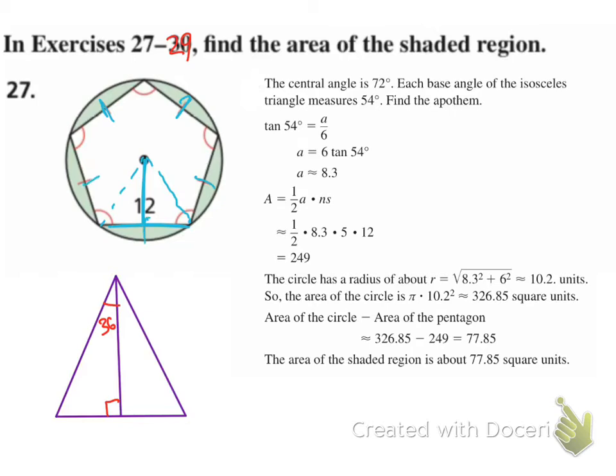So for a pentagon, 360 over 5. Whole circle is 360, so each central angle is 360 over 5, which is 72 degrees. So this angle is supposed to be 72 degrees, so this is going to be 36 and this is going to be 36 degrees. I just drew this circle outside so that you can easily figure it out.